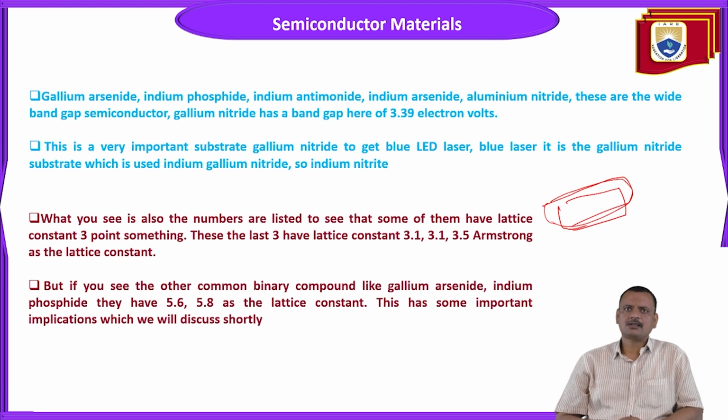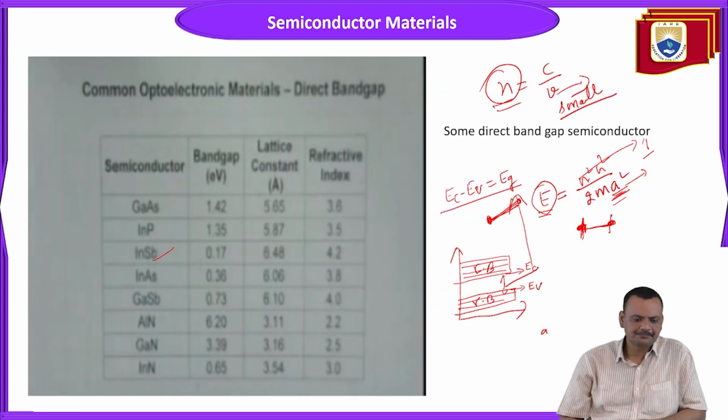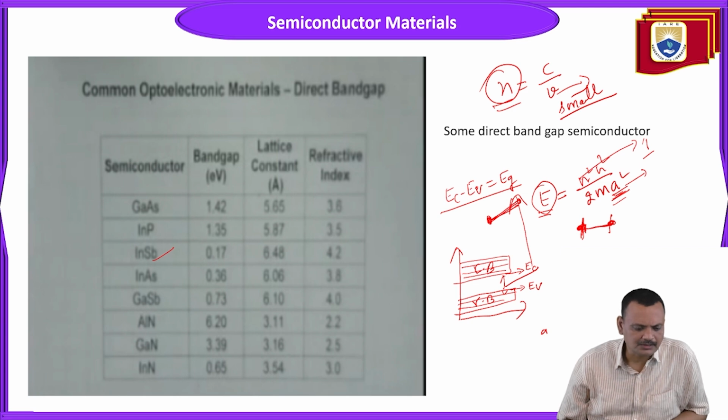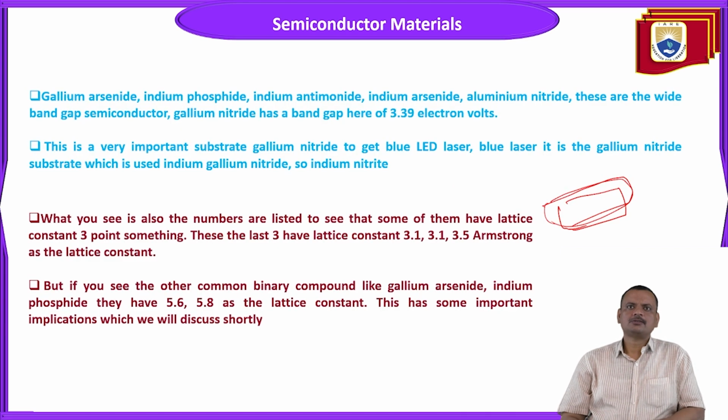So there are many semiconductors, and these semiconductors have a lattice constant value around 3.1 to 3.5 angstrom. But if you see the other common binary compounds like gallium arsenide, indium phosphide, they have a lattice constant of 5.6 to 5.8. Okay. So what is the effect of lattice constant on band gap?